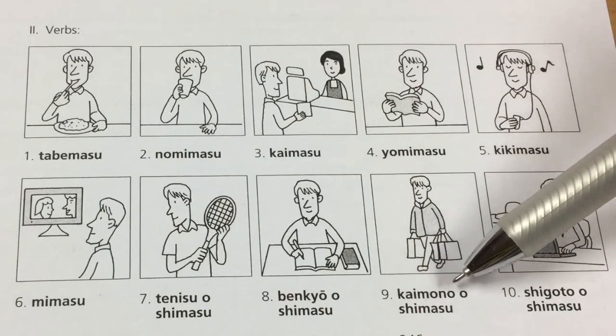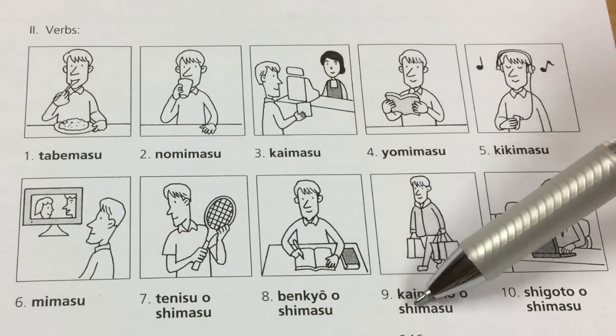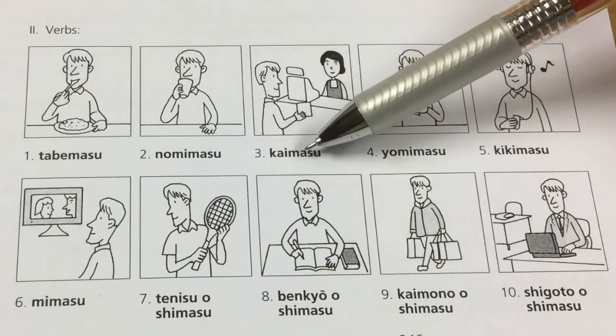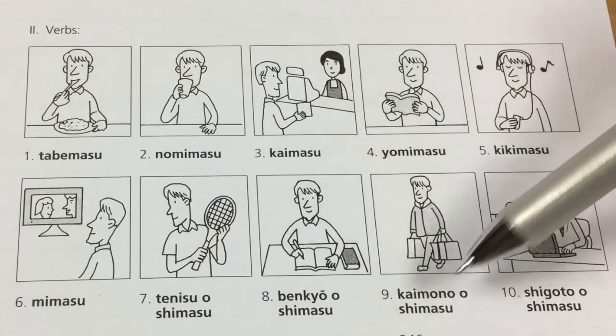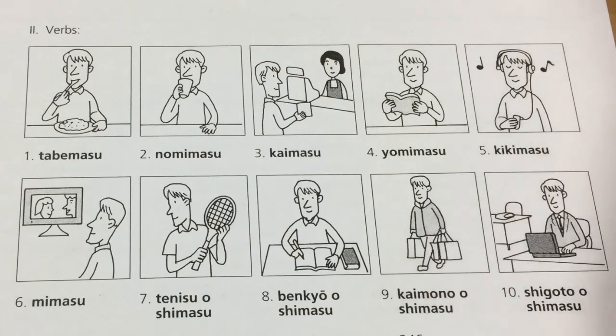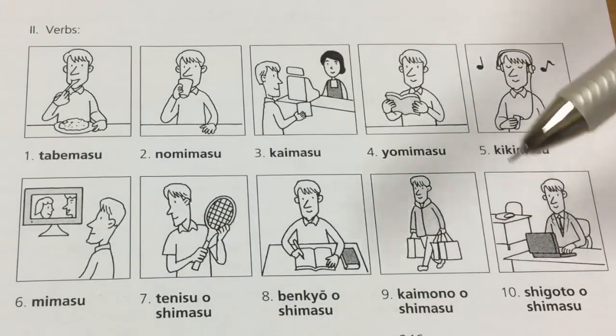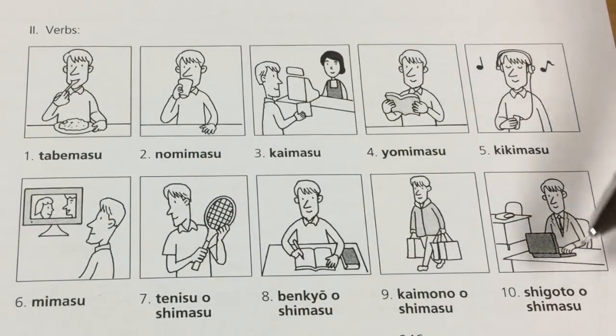You can see the word kai is similar to kaimasu, to buy. Kaimasu, to buy. Kaimono, shopping. Kaimono shimasu. I do the shopping. Shigoto shimasu. Shigoto means work. Shigoto shimasu is a verb. It means I work. I do the work.